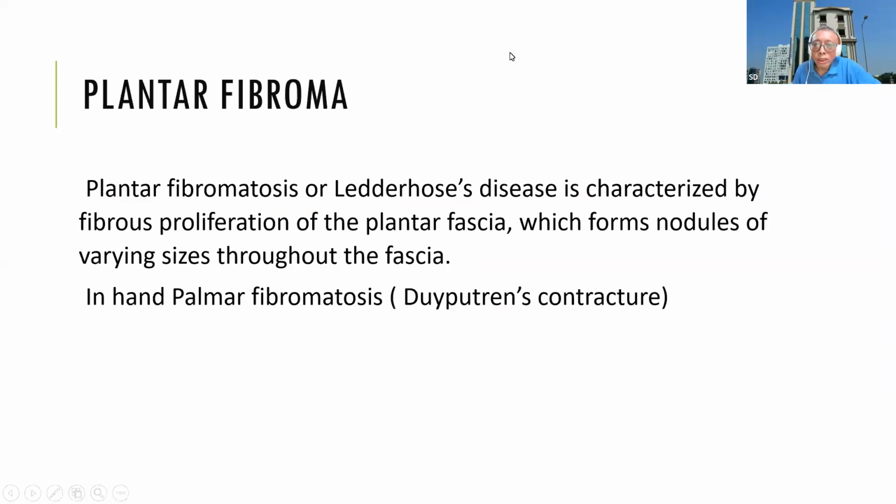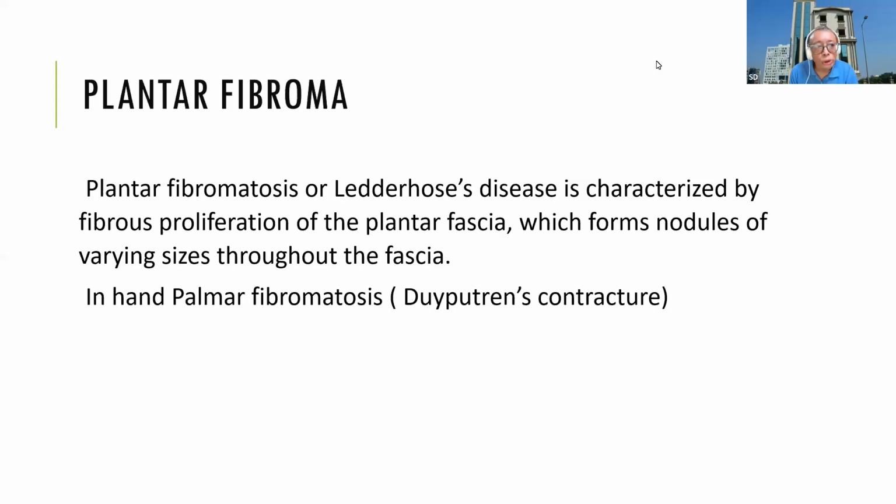Okay. So another clinical condition that you should be aware of is plantar fibroma. Plantar fibroma is similar to the hand. In the hand, you have studied Dupuytren's contracture, where there is nodular thickening in the palmar fascia and there is contraction of the digit. So similar to the hand, this plantar fibroma or plantar fibromatosis is also a condition where there is nodular thickening in various places of the plantar fascia.